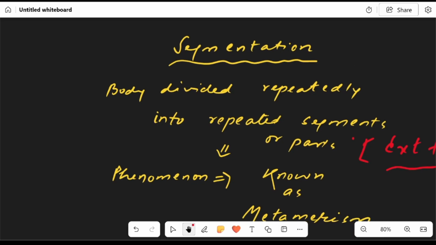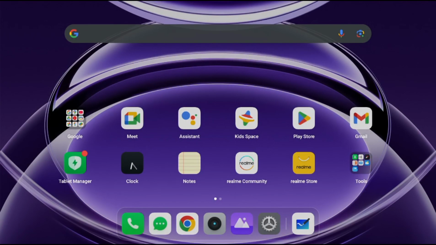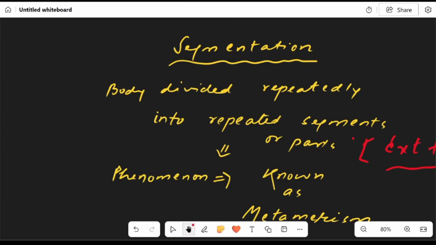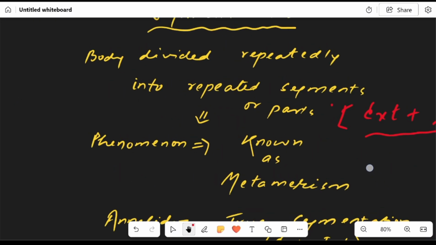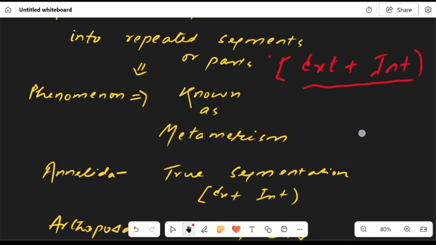Segmentation: the body is divided repeatedly into repeated segments or parts, externally as well as internally.